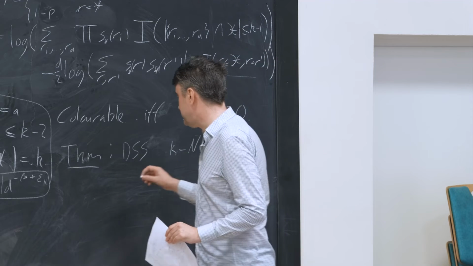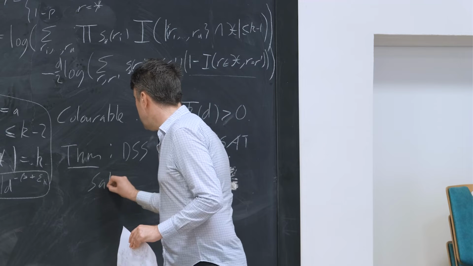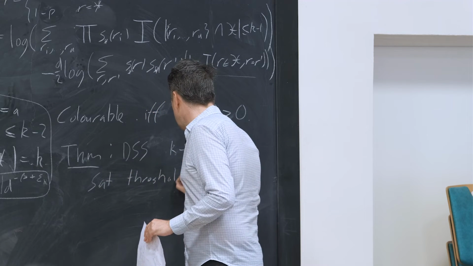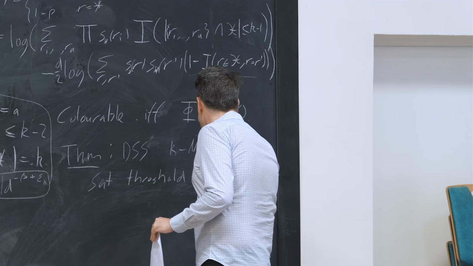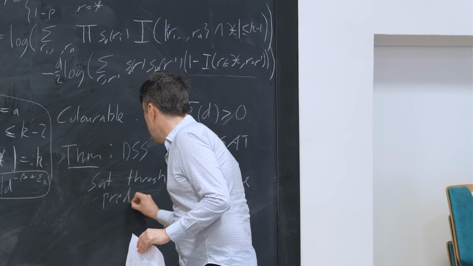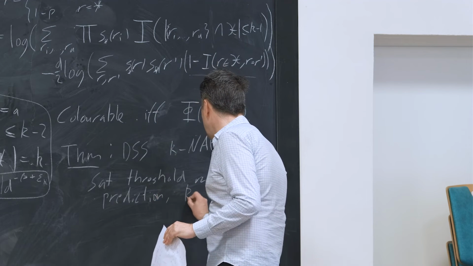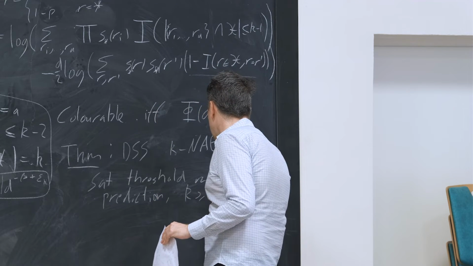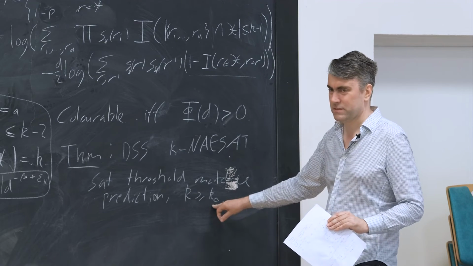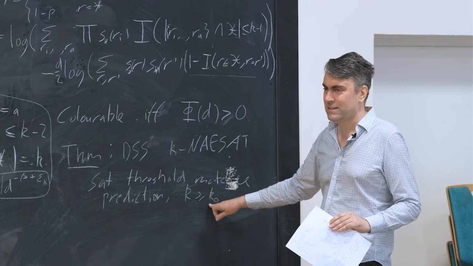Then the satisfiability threshold matches the prediction at least when K is large enough, bigger than some large constant that was so large that we didn't calculate it. I mean, we expect it to happen for all K.